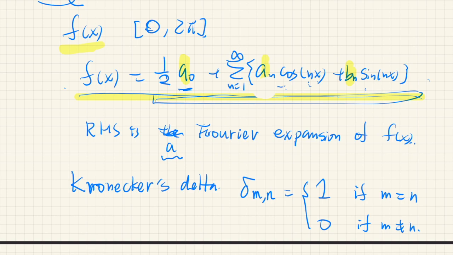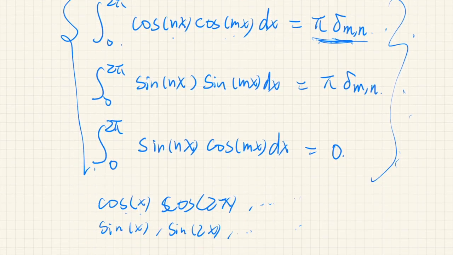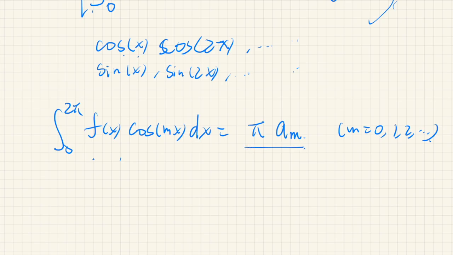If you integrate cosine nx times 1 from 0 to 2 pi, it will be just 0, and the same for the sine terms. The only term left is the constant term, so we integrate this constant from 0 to 2 pi and get 1 over 2 times a0 times 2 pi, which is just pi times a0, the same formula with m equal to 0.